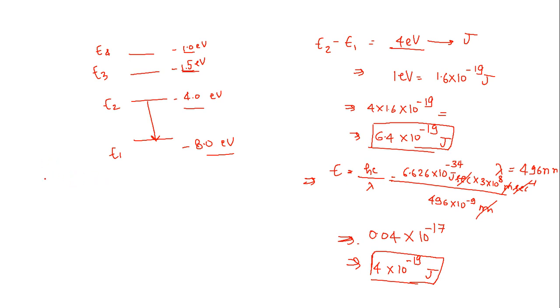So first, if you go from 1 to 1.5, 0.5 electron volt will be the energy of transition.